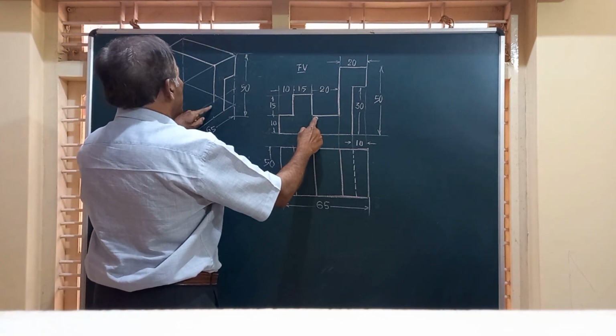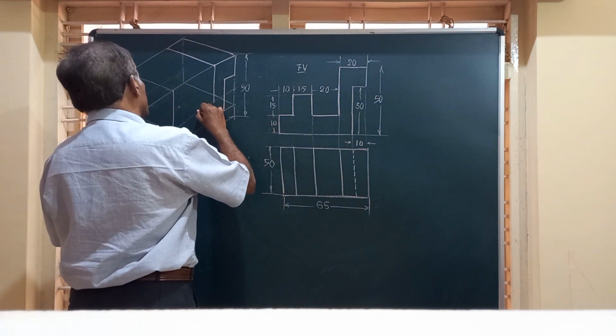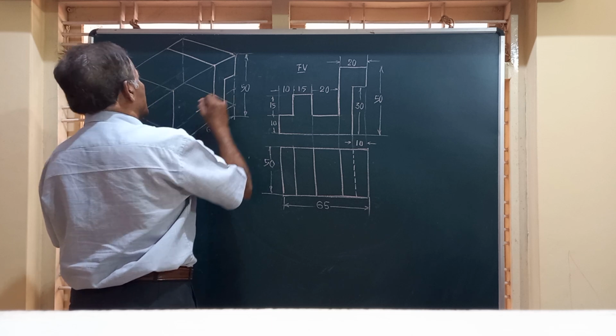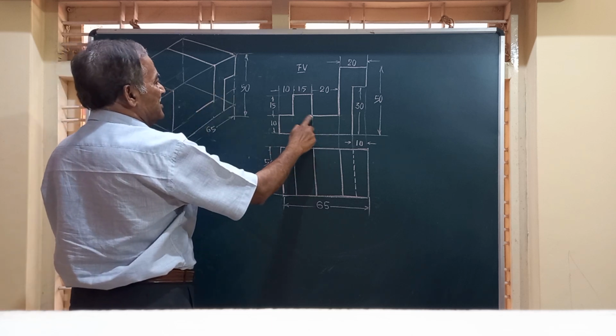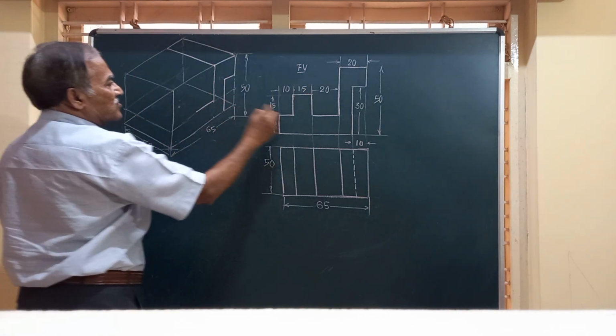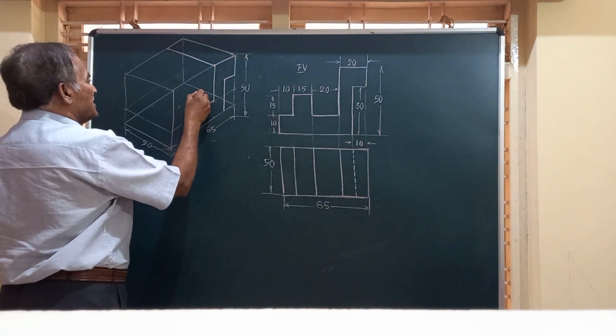From there I should draw a line horizontal through 20. Suppose this is say 20. A horizontal line through that is 20. A vertical line through that again of height equal to how much? 15. So something like this.